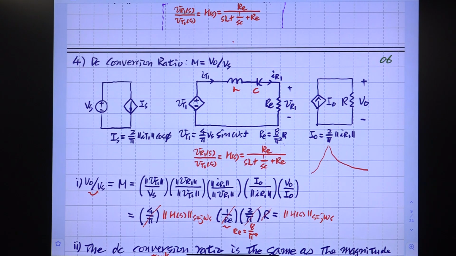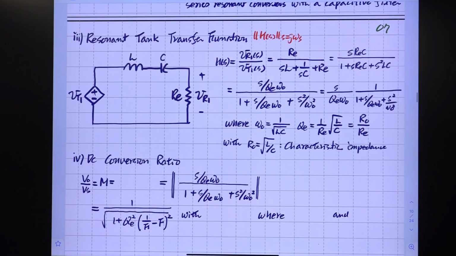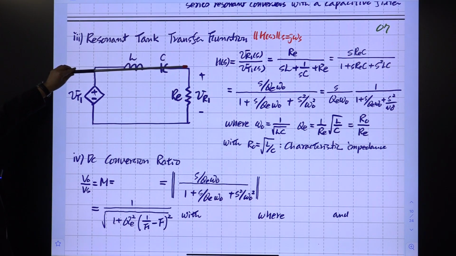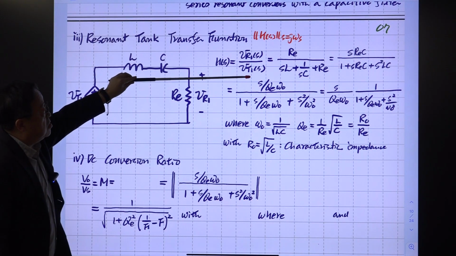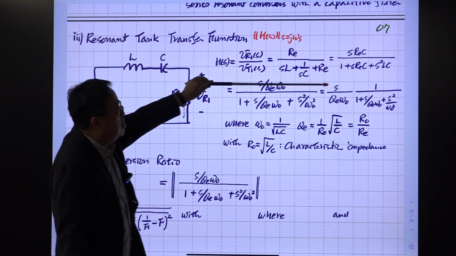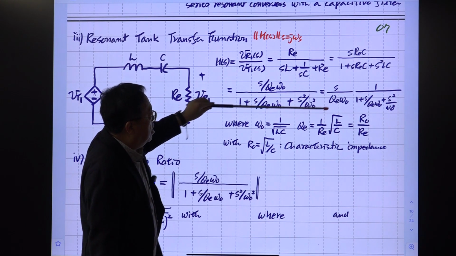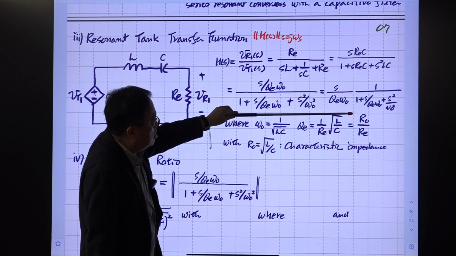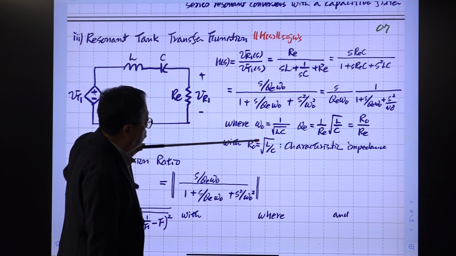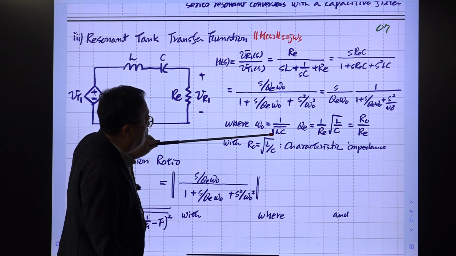Okay, so let's finish up the remaining slides very fast because you know the whole story about this. So just evaluate this resonant tank transfer function at the switching frequency. Which one is this? Extremely simple. Second order system. Then translate this using the standard notation. This omega naught is the resonant frequency of the tank circuit.